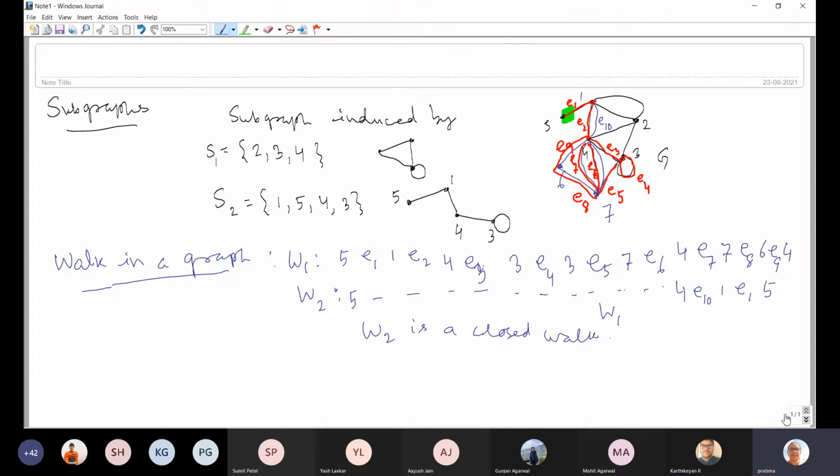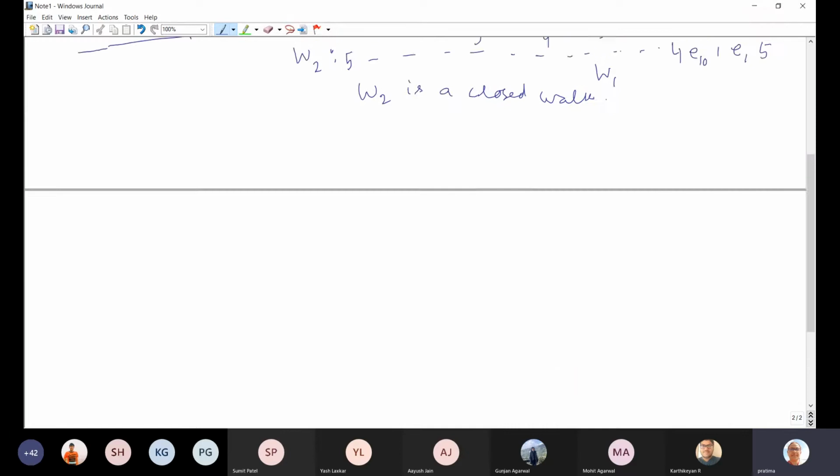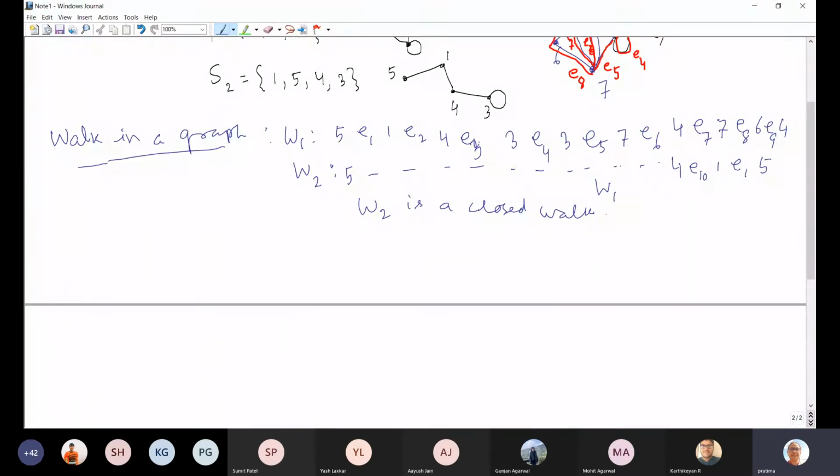So this kind of terminology we do use. This W2 is a closed walk. W1 is a walk, but that is not a closed walk.